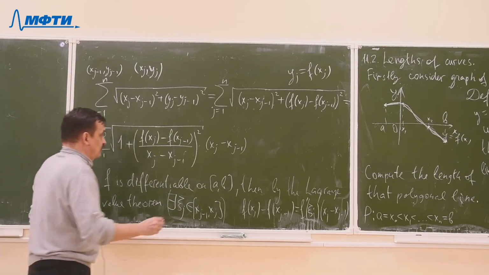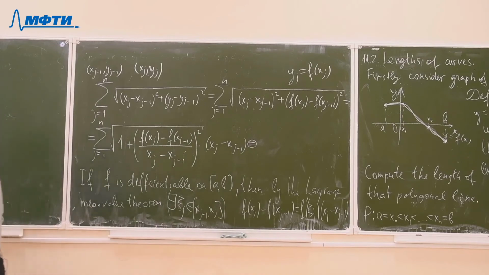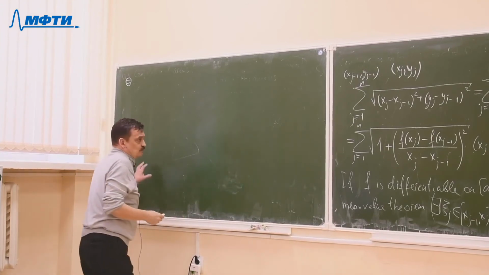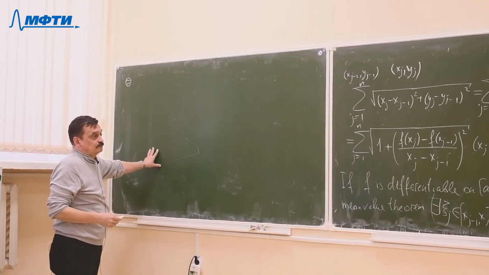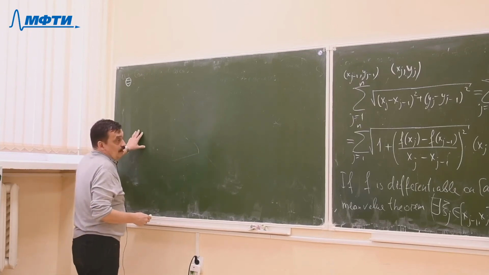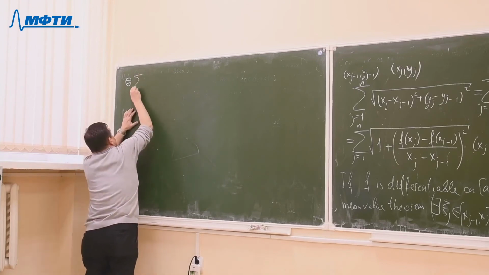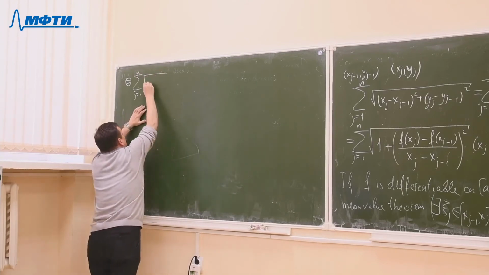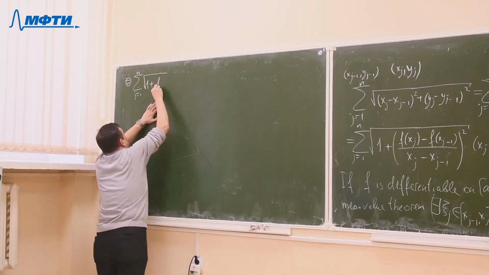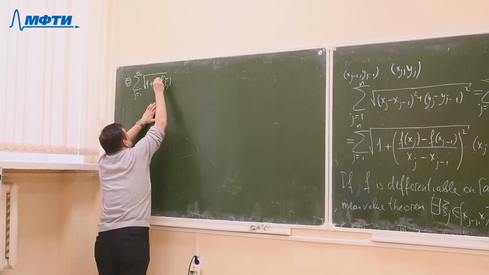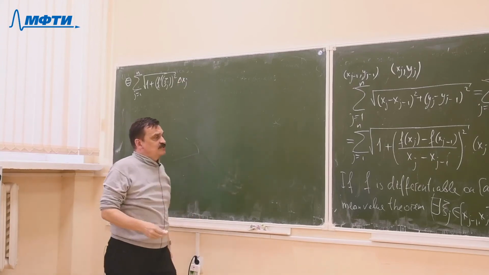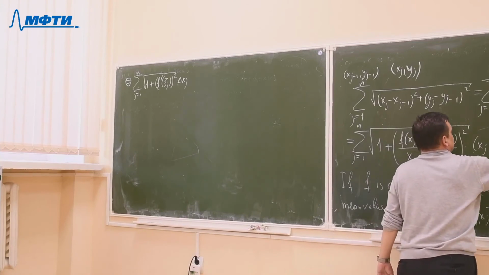Then look what happens with our sum. Then our sum is equal to the sum, j from 1 up to n, of the square root of 1 plus f prime at xi j squared, times delta xj, where delta xj is just that difference, as usual, right?